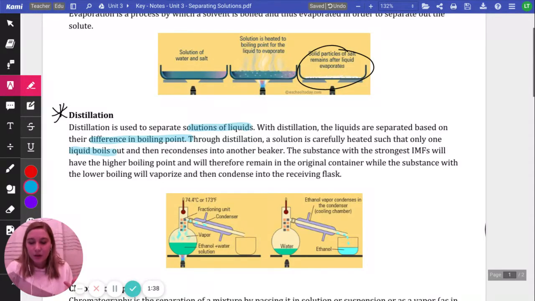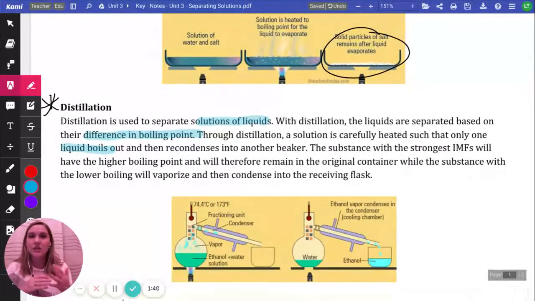Now, guys, something that's really important is to know which substance is going to boil out first. So the substance with the lower boiling point is going to boil first. But typically, we're going to want to relate that to IMFs. This is AP Chemistry. IMFs are huge here. So it's important to know the substance with the strongest IMFs is going to have the higher boiling point and therefore will remain in the original container, while the substance with the lower boiling point will condense into the receiving flask.